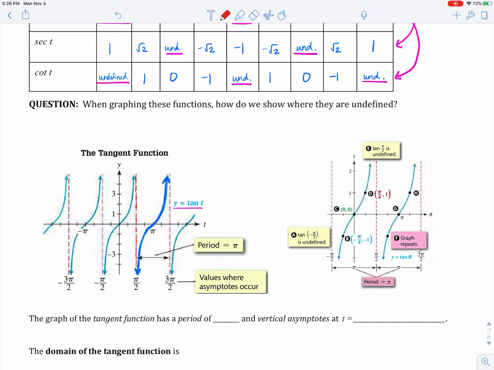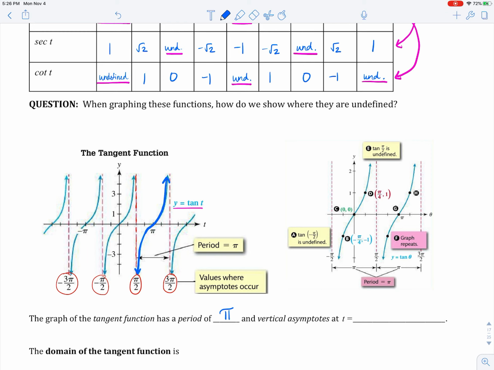So we have a vertical asymptote at pi over 2. We have another one at 3 pi over 2, negative pi over 2, negative 3 pi over 2. So the period of tangent is pi, as opposed to 2 pi for sine and cosine.